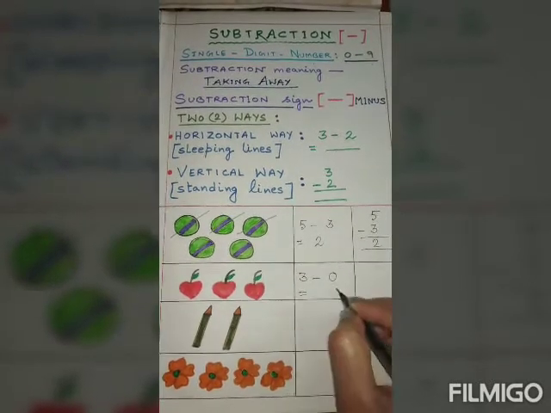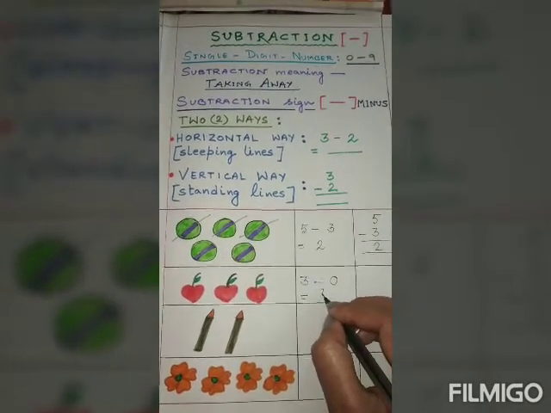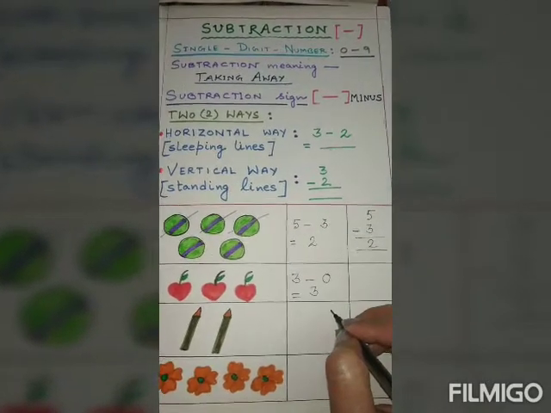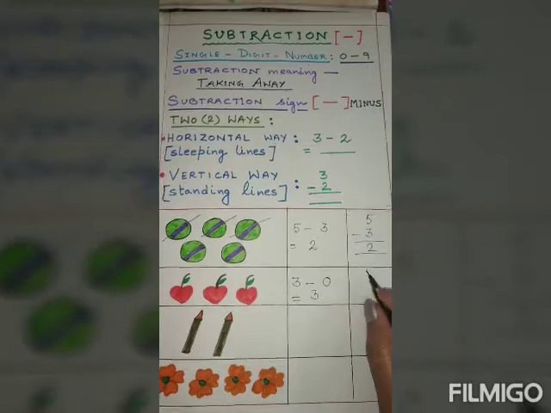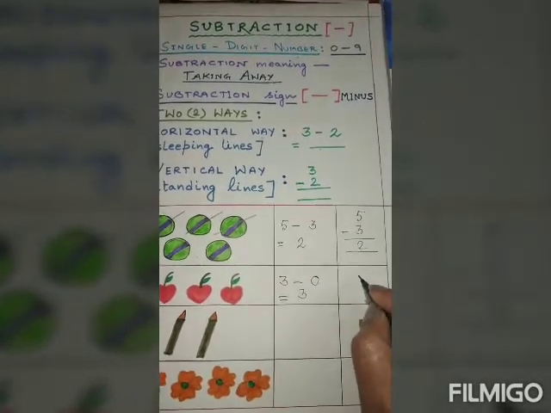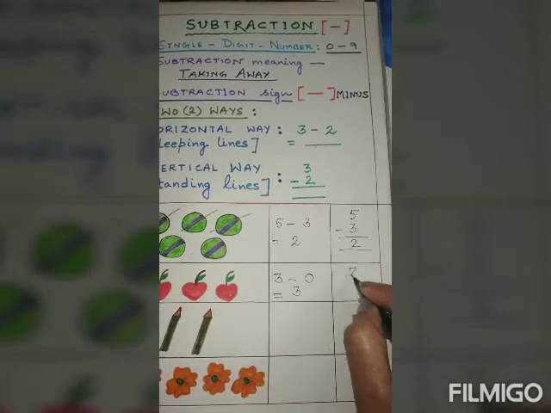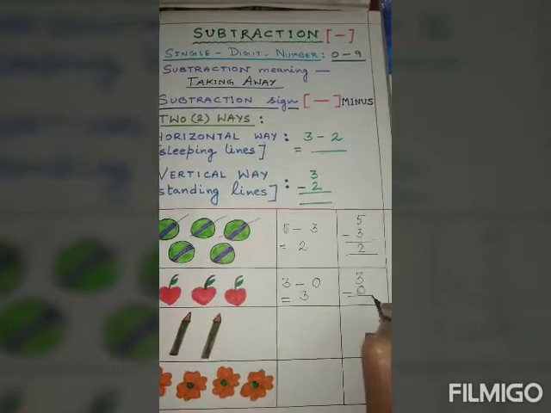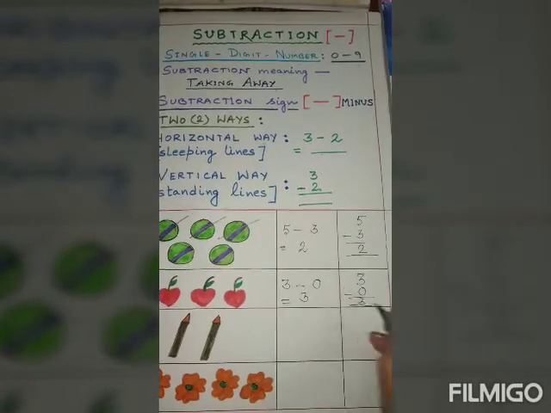Equal sign, and the answer will be 3. Here we will do the same thing in vertical way. 3 minus 0 equals 3.